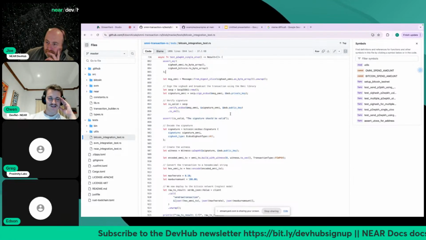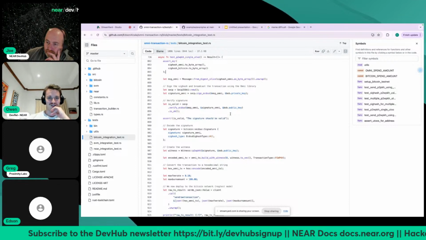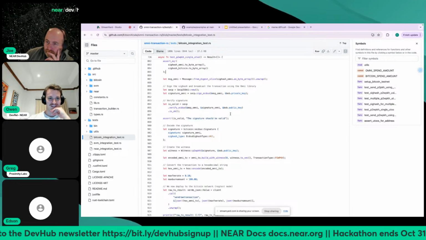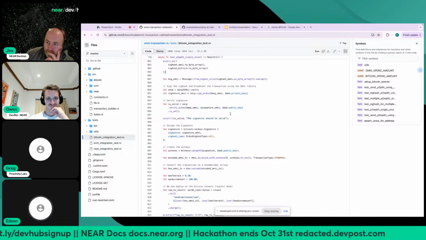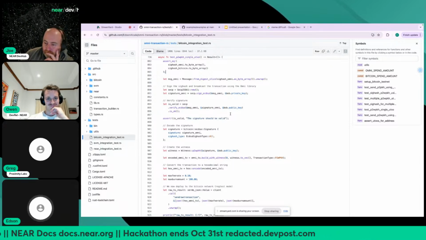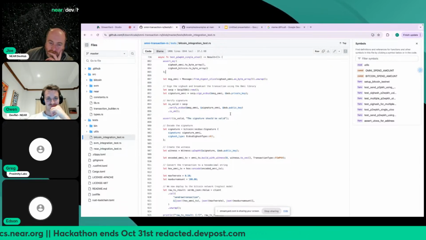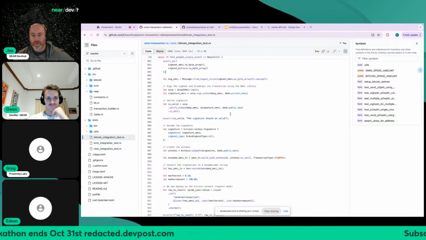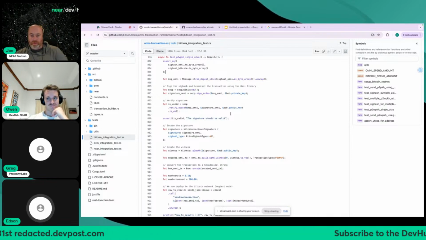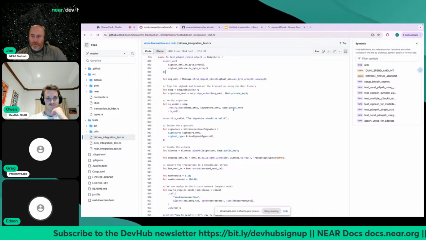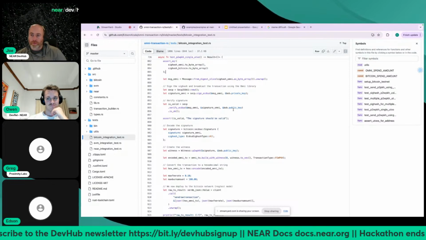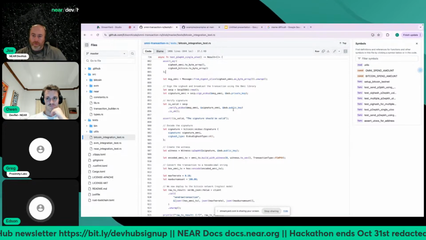Okay, so you can tell that this Bitcoin file is quite a bit larger than the EVM and Near ones. Oh yes, it is very large because we added more tests. We are adding pay to public key hash, which is the legacy one, and pay to witness public key hash, which is using Segwit, and I think more tests are coming.